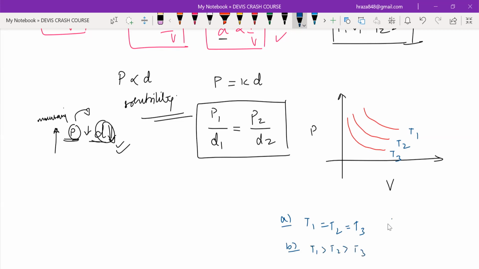Option C: T3 greater than T2 greater than T1. Option D: insufficient data or none of these. What do you think? We have to use PV is equal to nRT. Yes, you can use that formula.